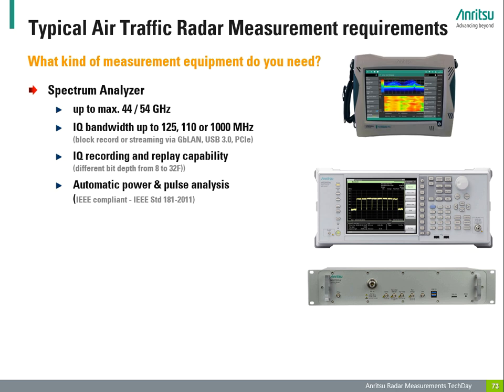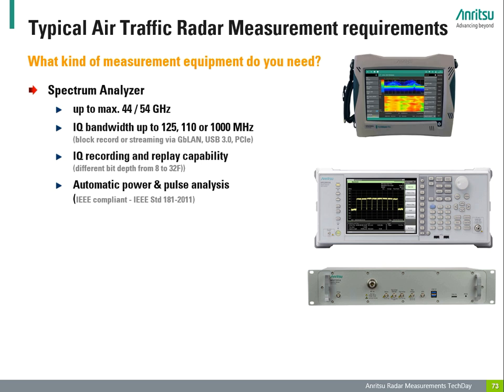The MS-2850, in the middle, is the flagship of the MS-2080XX family. With this instrument, you can capture IQ bandwidths up to 1 GHz. Finally, the latest member of the spectrum analyzer family in the 19-inch rack format is the 272XXA, again up to 54 GHz and maximum 110 MHz IQ bandwidths.